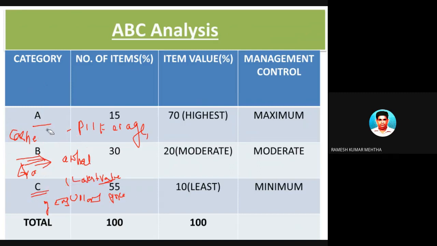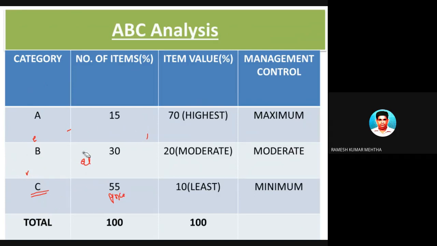As a store manager of this retail outlet, I have to closely observe this particular product. This is also, but this is negligible. Please remember cashew nuts was my example. I am going to purchase 15 kilos of cashew nuts.